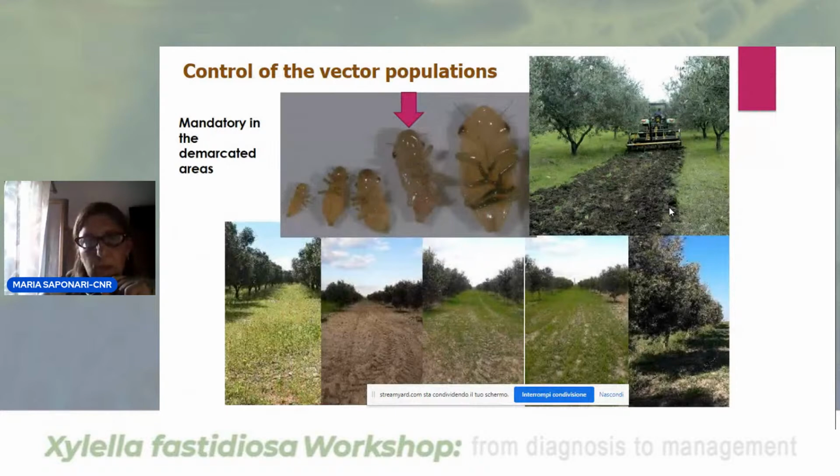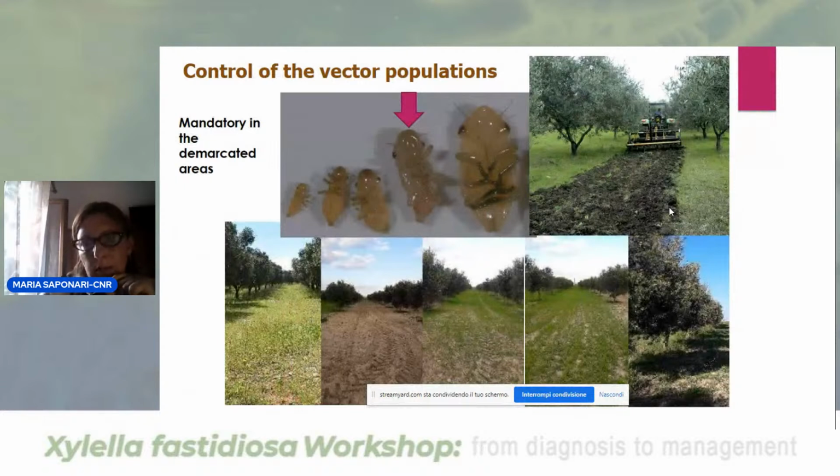And generally, as I said, the juveniles live on the ground vegetation. A mechanical intervention to destroy and remove the weeds is the most recommended action.